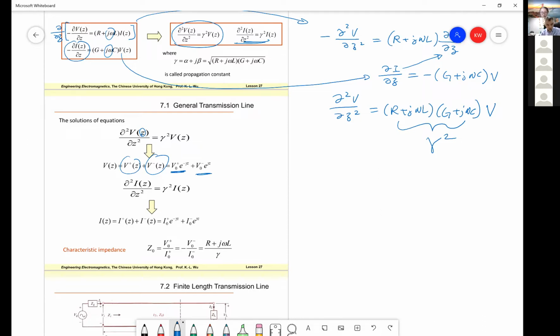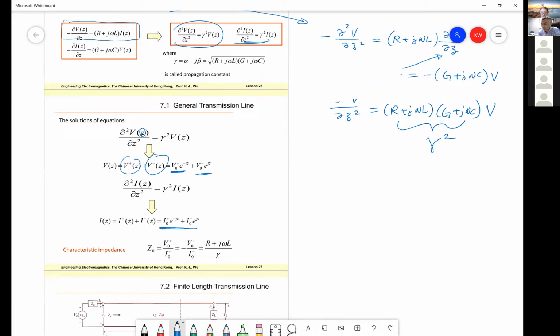We know the solution is an exponential function. I'm sure we have learned this in engineering mathematics, so I don't repeat it. Similarly, we have a current. Then it's very straightforward. We have these two equations.